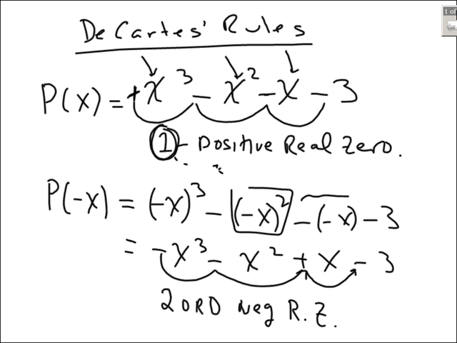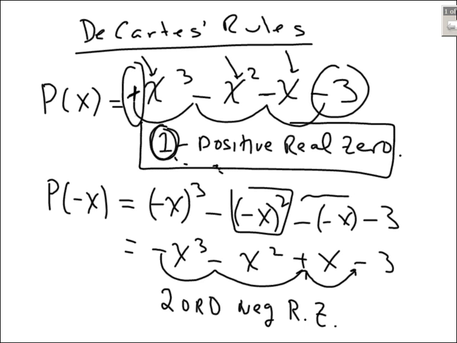So for example, if you were using the rational root theorem test and you found the list of zeros, once you found, say, a positive zero that worked, don't look for any more, because Descartes' rule says you're only getting 1. So don't even bother looking for a second one.